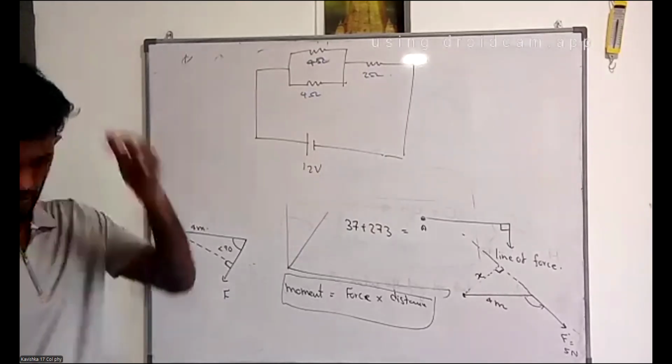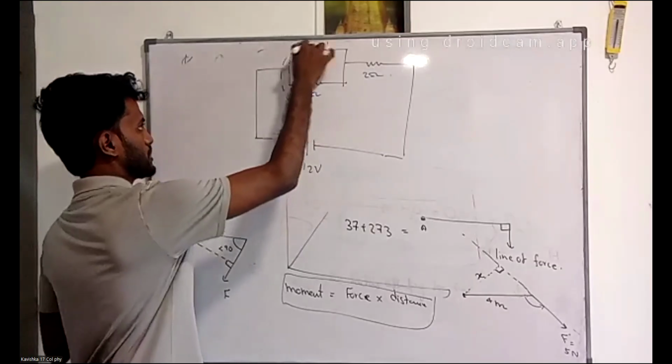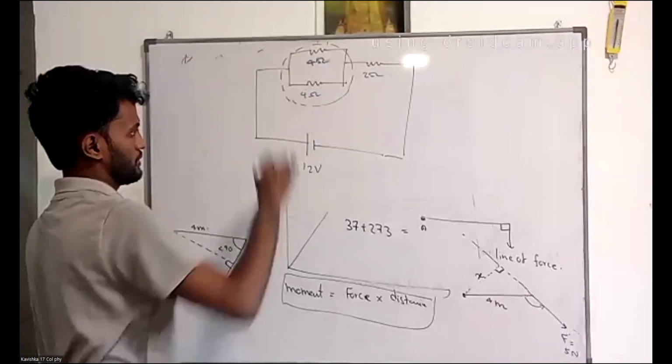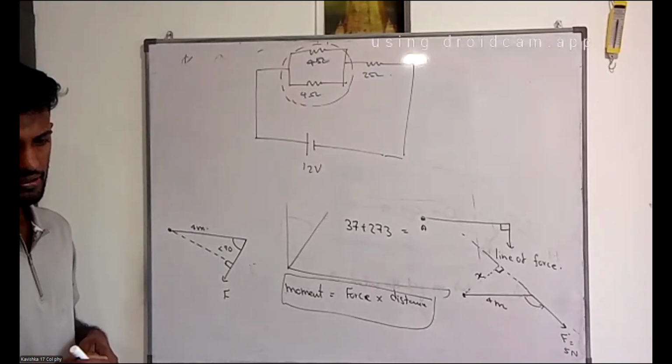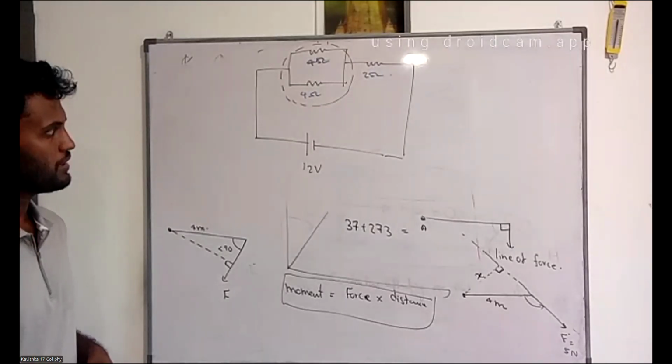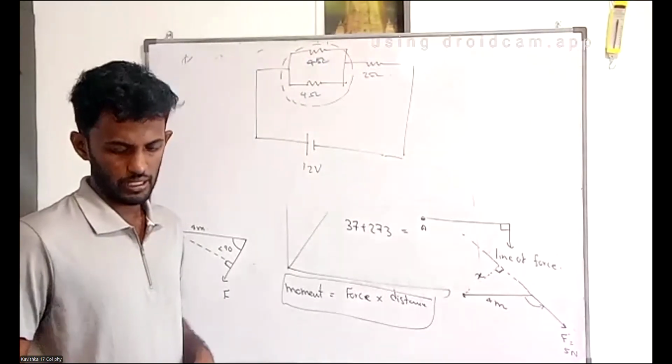Right? So can you quickly find the equivalent resistance of this area? Quickly find. I think some are okay with that, but we have a product equation here. Quickly answer.